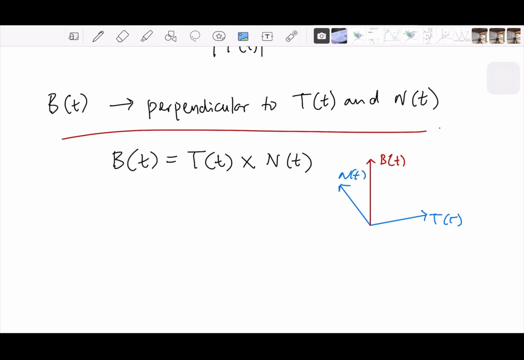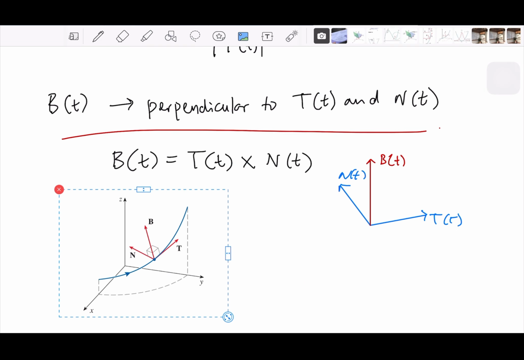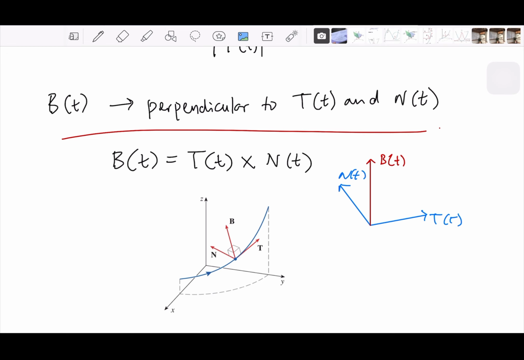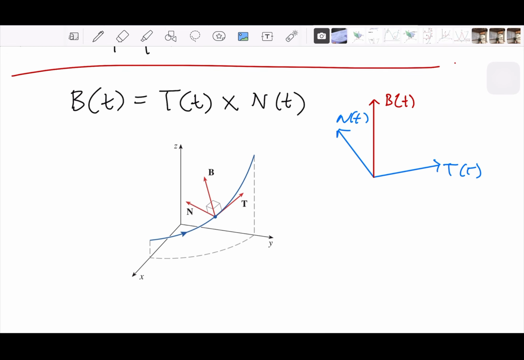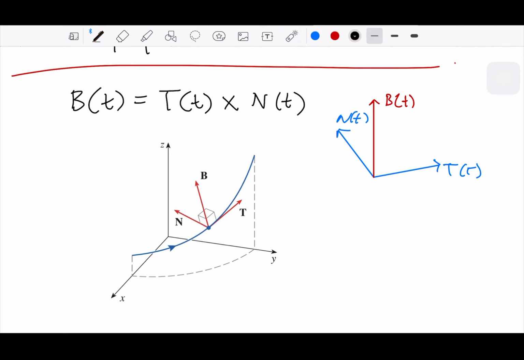Let me put the graph. You can imagine the point on the graph can be observed through any curve.